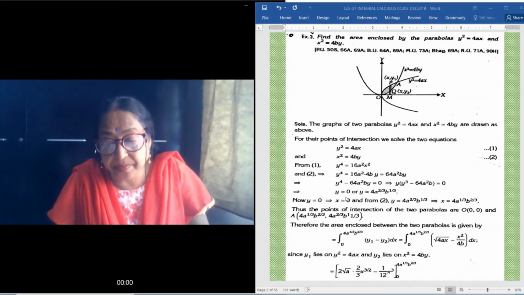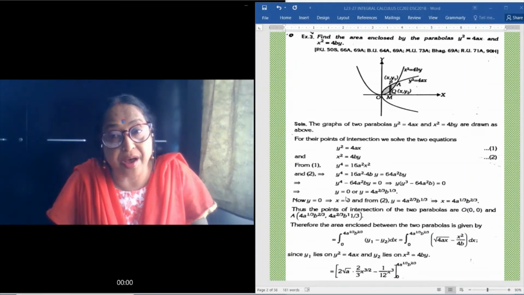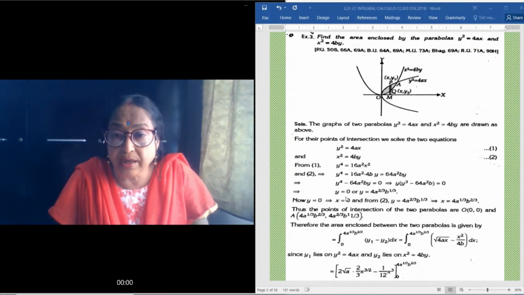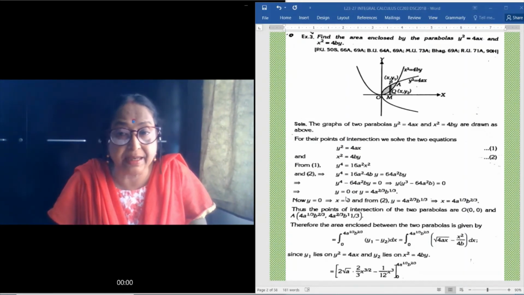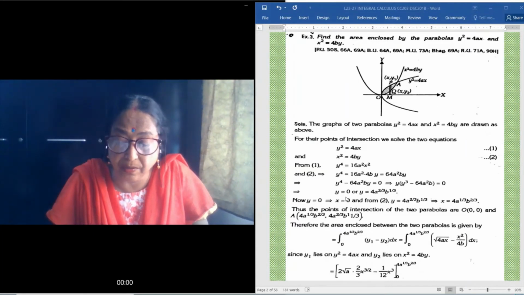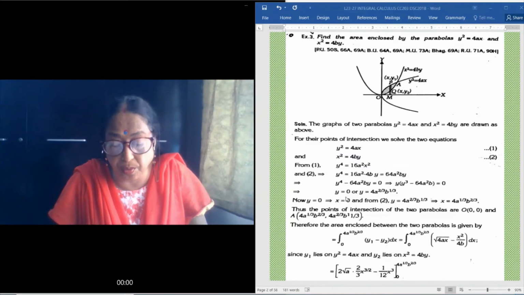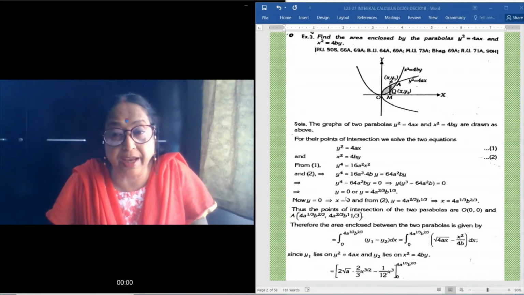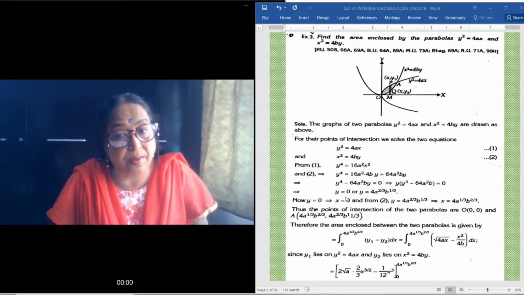See the curve. Here you are to find the coordinate of A. The coordinate of A you can get by solving the two curves, y square equal to 4ax and x square equal to 4by, so that we can get the coordinates of x and y.